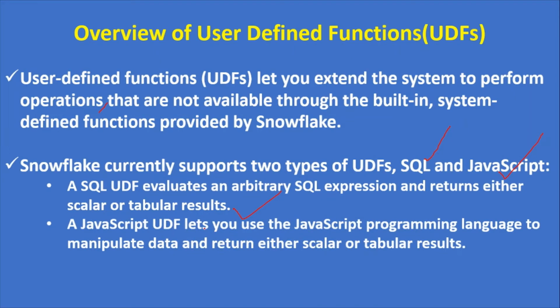A JavaScript UDF, the second type of user defined function, lets you use the JavaScript programming language to manipulate data and return either scalar or tabular results. So while defining functions, if you want to use iteration or control structures, we can use the JavaScript programming language to define user defined functions.